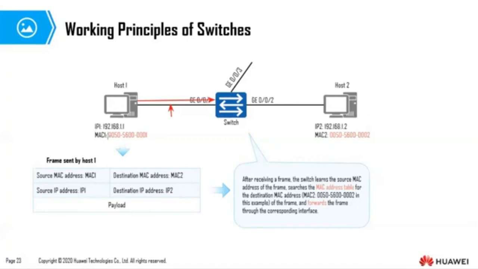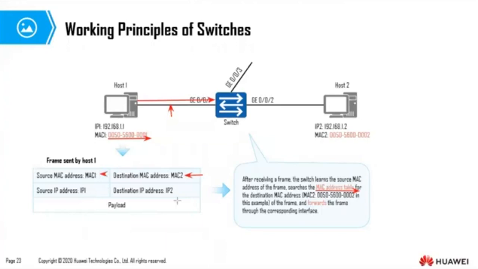Normally, when we say it forwards using the MAC address, we are going to understand better how that happens. But what you need to know is that the switch maintains what we call a MAC address table. If host 1 is sending a frame to host 2, it will have the source and destination MAC address.